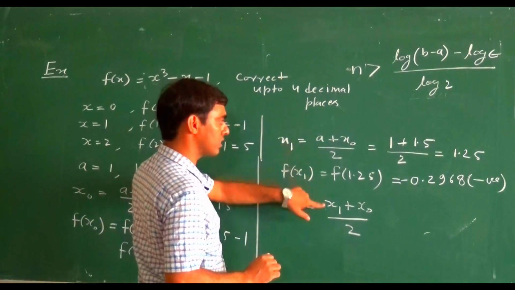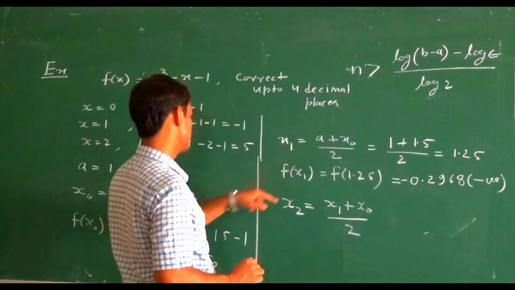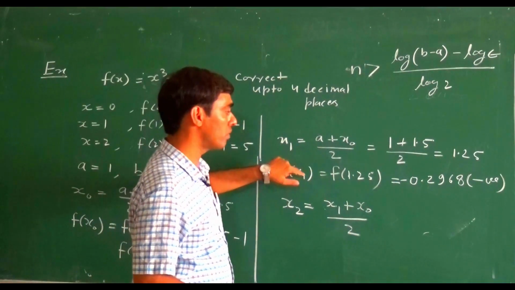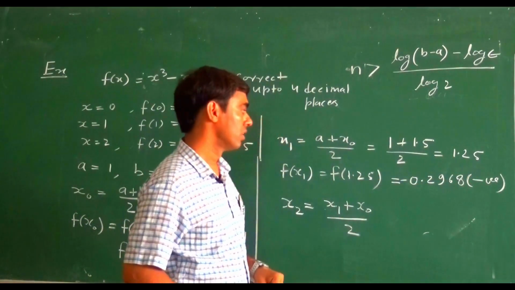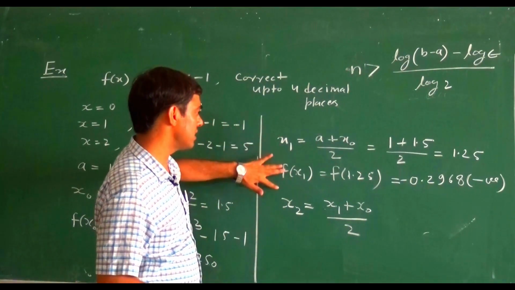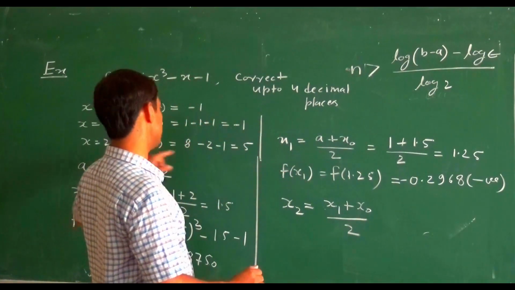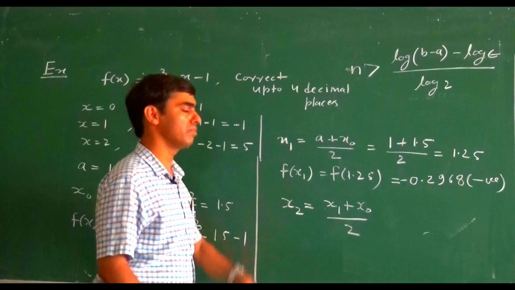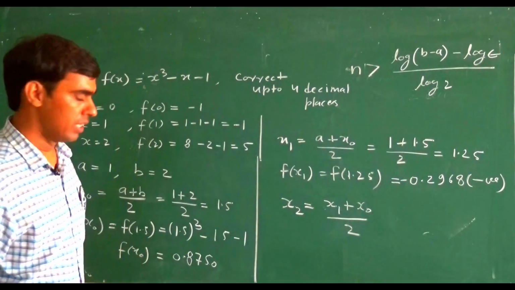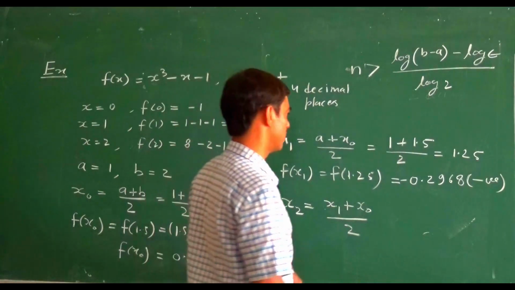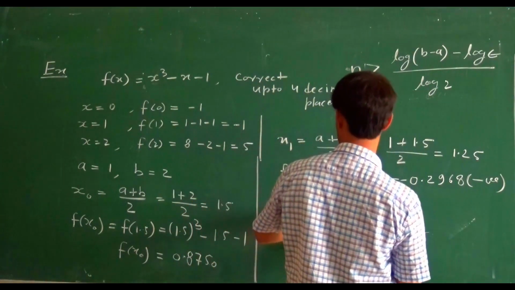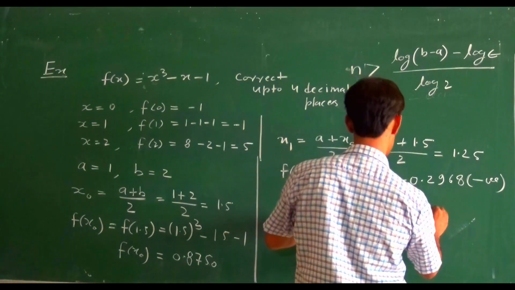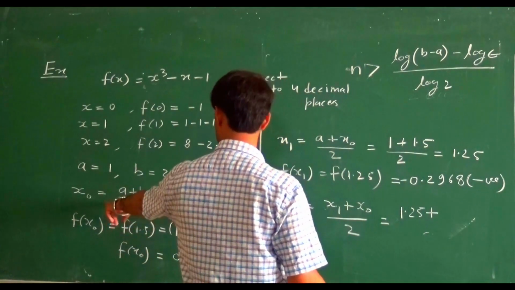Why do we replace a by x1? Because at a the value is negative, and at x1 the value is also negative. So we interchange the values, where in the previous iteration there is a negative and in the current iteration also a negative. So in this iteration, x1 is 1.25 plus x0, which is 1.5.